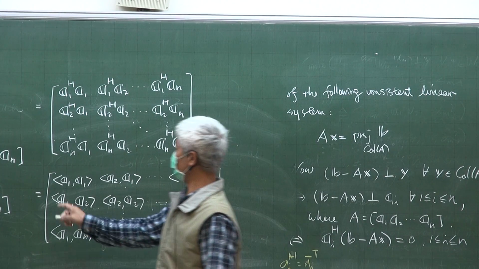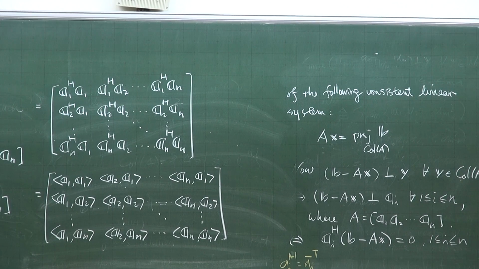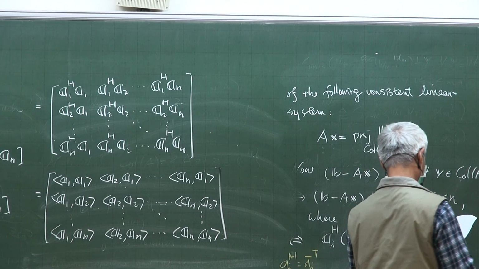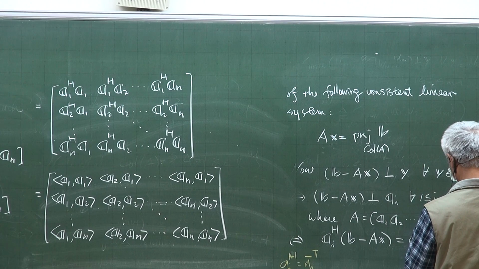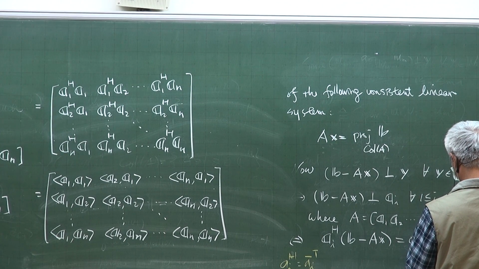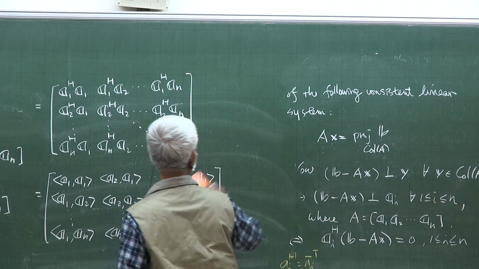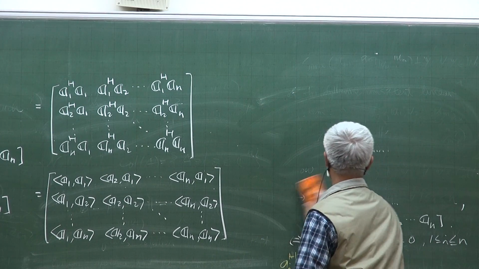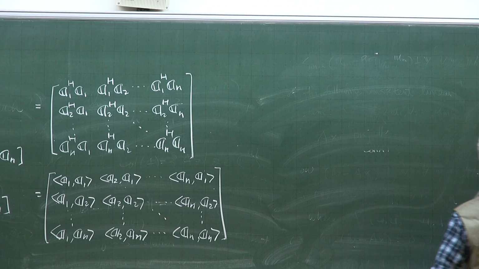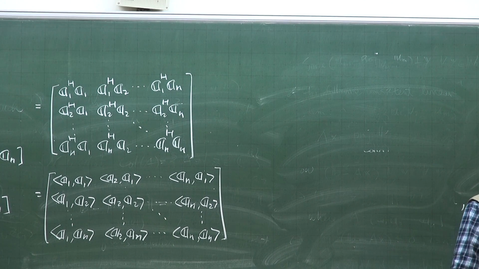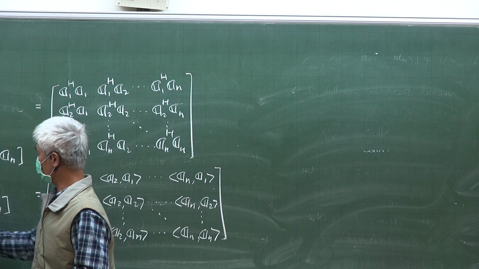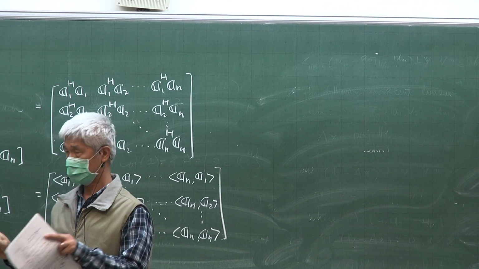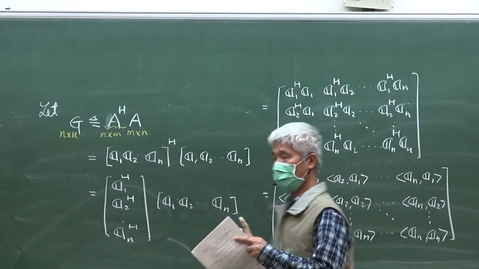So the entries are inner products of the columns. Very special, right? Because it's about the inner product between columns of the matrix A.